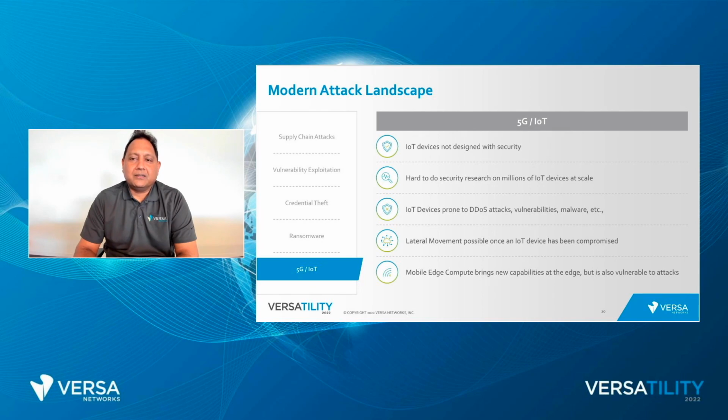So this is quite a real threat, because not only are these IoT devices not researched from a security perspective, but due to the sheer volume of these different types of IoT devices, it will be very hard to research them for security, analyze them for vulnerabilities, and patch them.